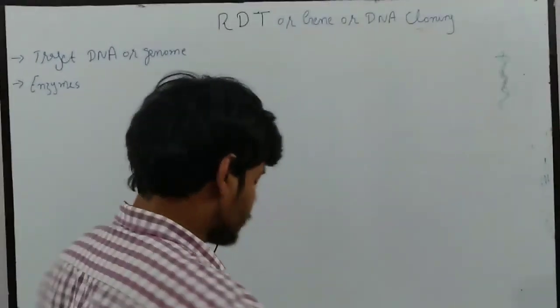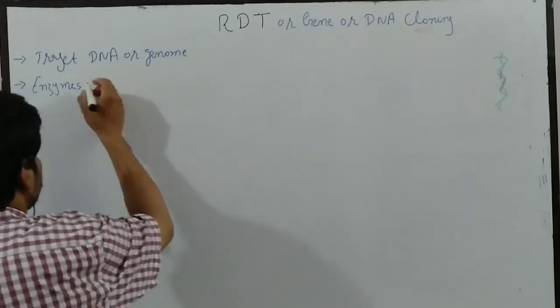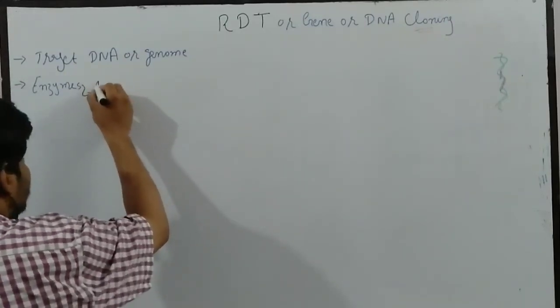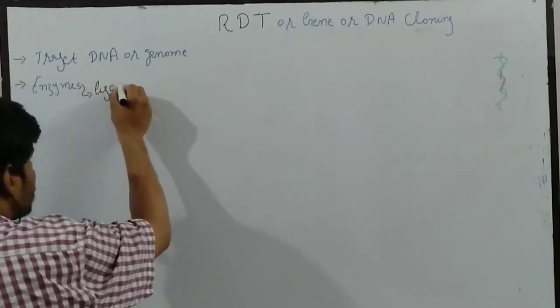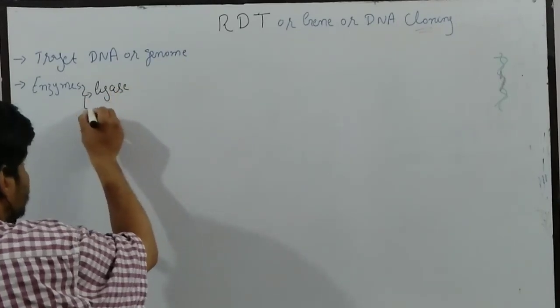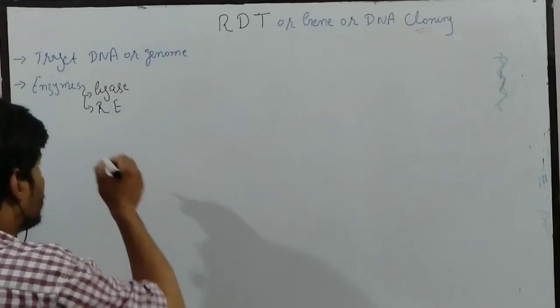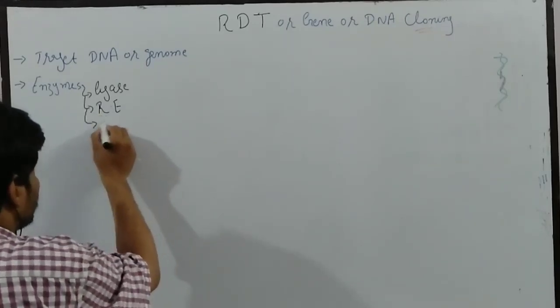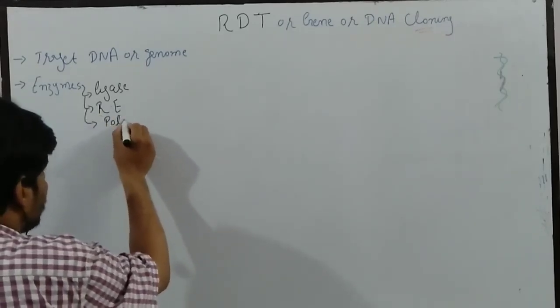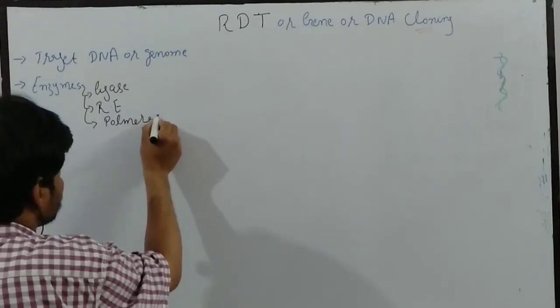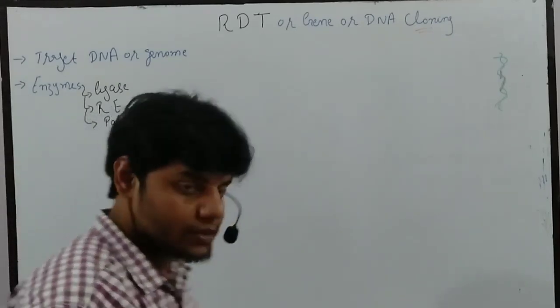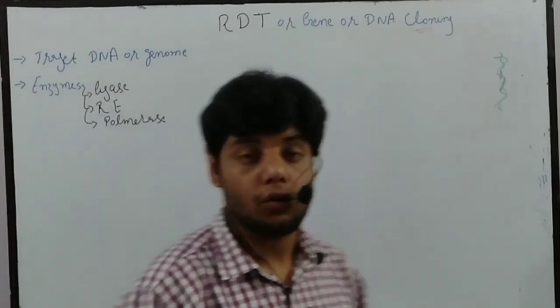In this case, we need ligase, restriction enzyme, and polymerase. These kinds of enzymes we need in recombinant DNA technology.